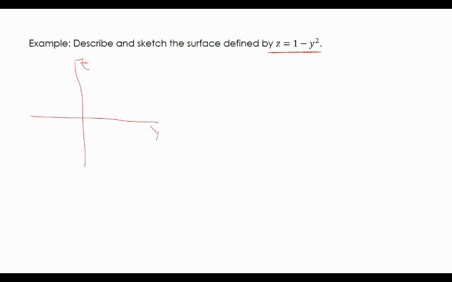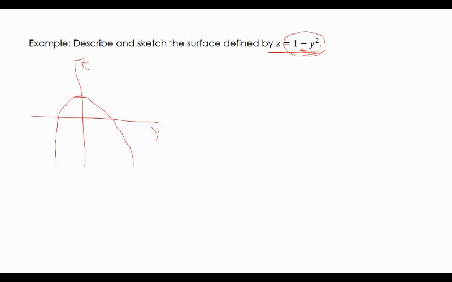And what I draw is a parabola. Notice I'm kind of treating the y as the independent variable. This would end up being a parabola that opens down because of the negative, and then is shifted up one. So it would look like that kind of a graph.